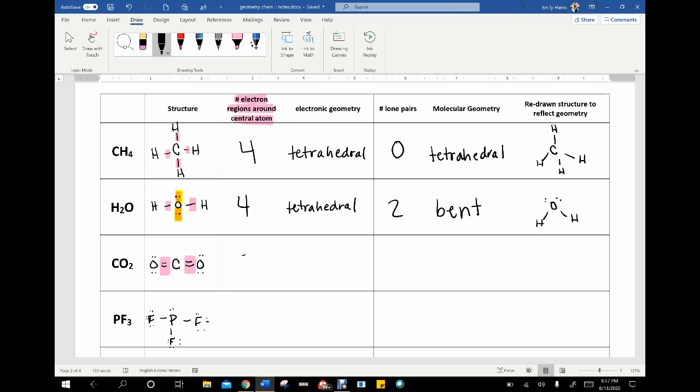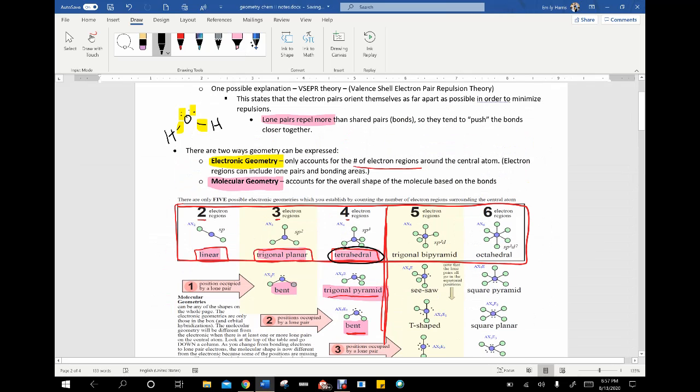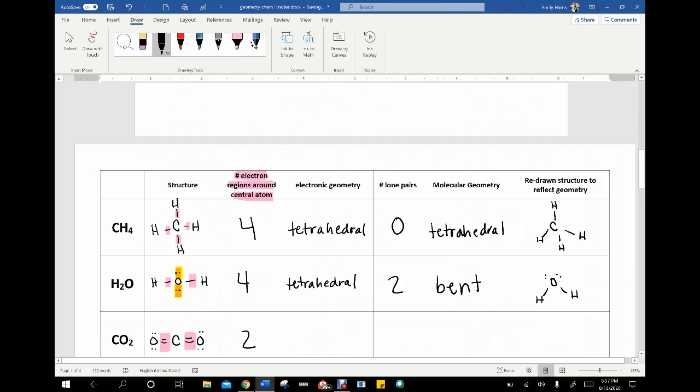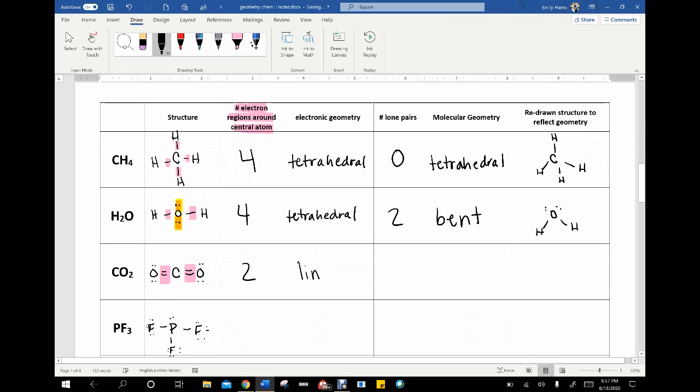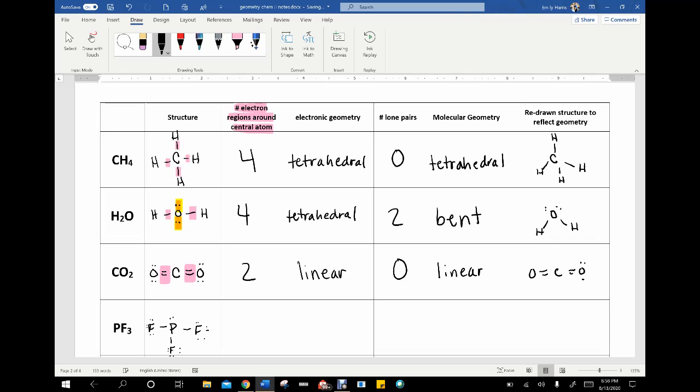So with that in mind, here we have a total of 2 regions around the center atom. Electronically, when we have 2 regions, our geometry is going to be linear. There are no lone pairs on the center carbon, therefore the molecular geometry will remain the same. Linear looks like a line, so we want to make sure that our structure is matching that, where we have the oxygens in a line with the carbon.